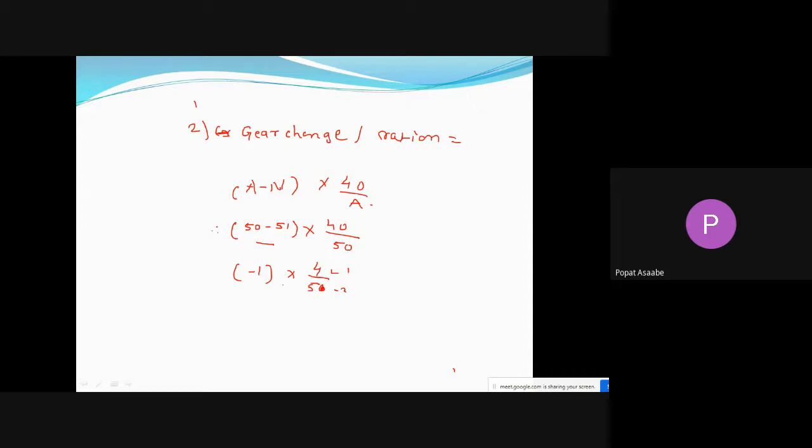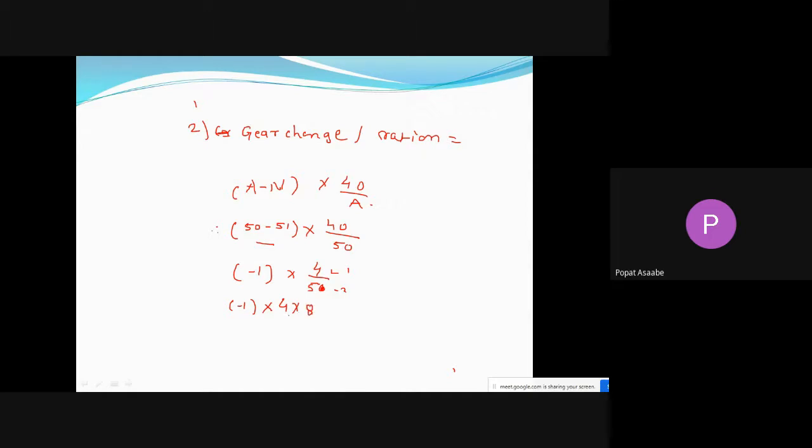So again we have to multiply 4 and 5 in such a way that the numbers will be available in the gear change. By which number should we multiply? Suppose I multiply by 8.